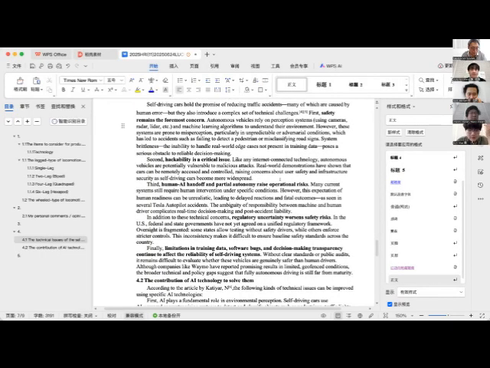And the second is that hackability is a critical issue. Nowadays many autonomous vehicles are using internet connected technology. For example, a Chinese autonomous car brand named Naja.